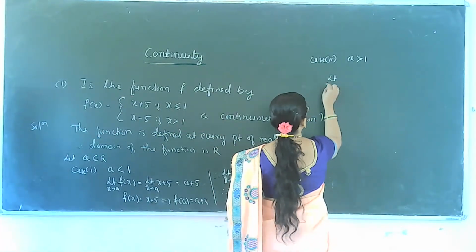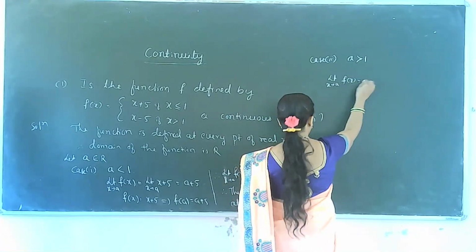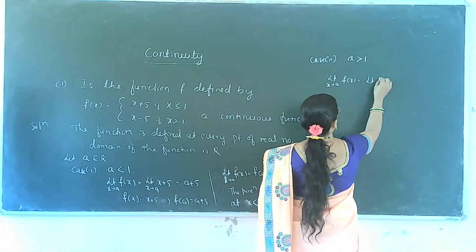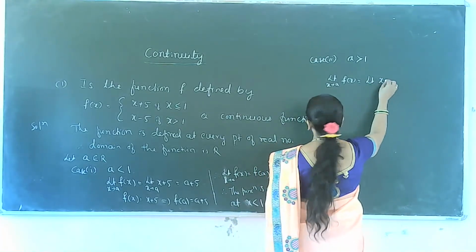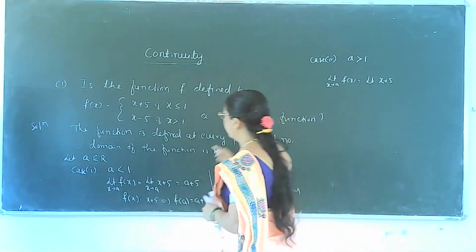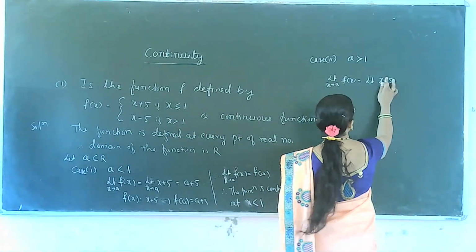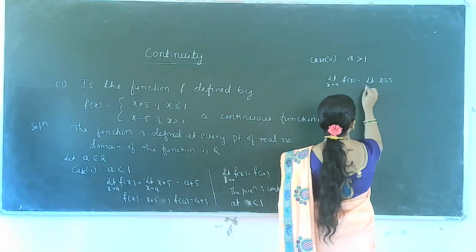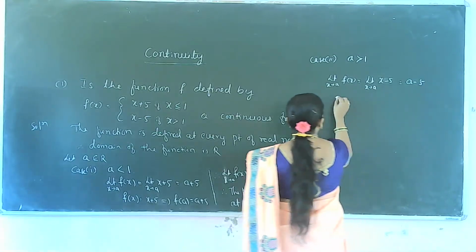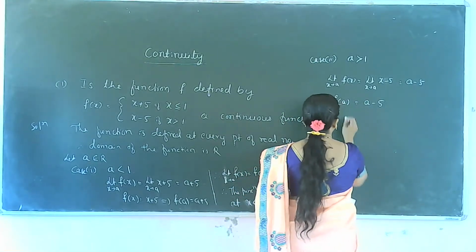Therefore, limit of x tends to a, f of x is equal to limit of x minus 5, which is equal to a minus 5. f of a also is equal to a minus 5.